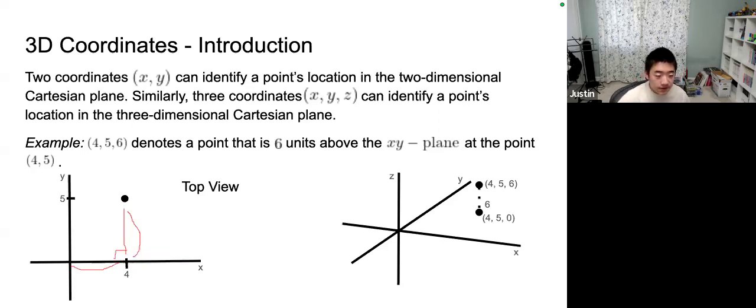Now we introduce the three-dimensional plane, which is essentially the same idea except there is a third dimension. So 4, 5, 6 would mean this point is directly above 4, 5, 0. This is still 4, this is 5, and this is 6. It's pretty intuitive, so not much to talk about.